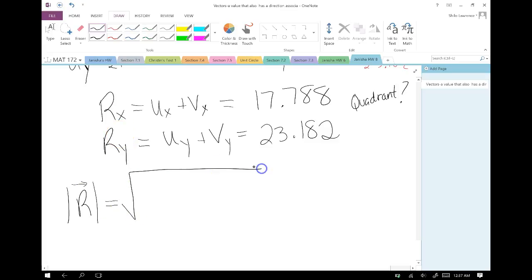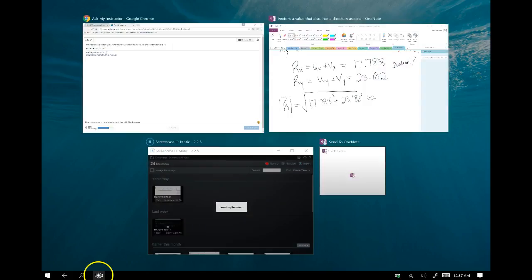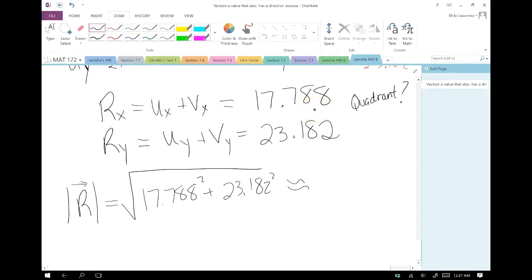So to get the hypotenuse, we've got to do Pythagorean theorem. 17.788 squared plus 23.182 squared, and then we'll square root it. Let me make sure this is 1 decimal again. Yep, nearest tenth. And I've got about 29.2 for the magnitude.